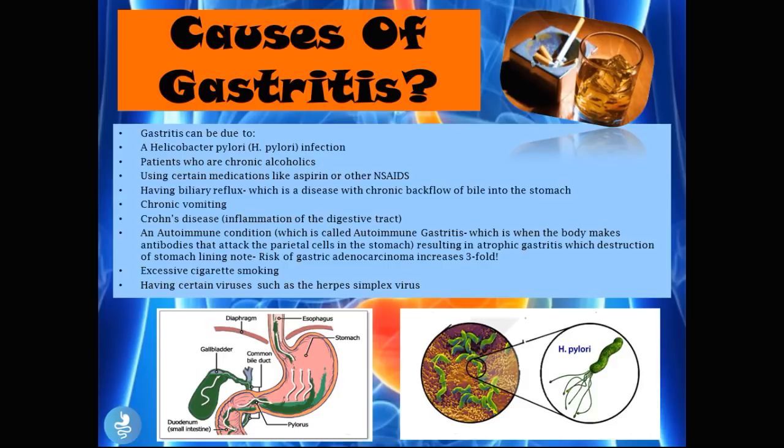So the parietal cells are these cells that are found within the lining of the stomach. And this results in atrophic gastritis, which can destroy the stomach lining.